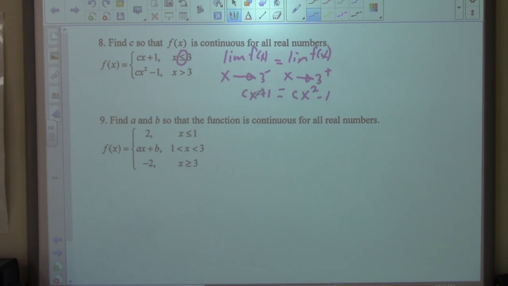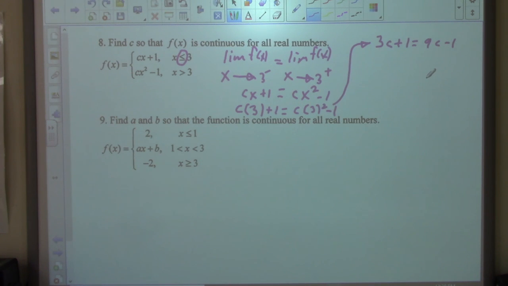We're plugging in 3 because we're evaluating at 3. So we're going to put c times 3 plus 1 is equal to c times 3 squared minus 1. And so we have 3c plus 1 is equal to 9c minus 1.